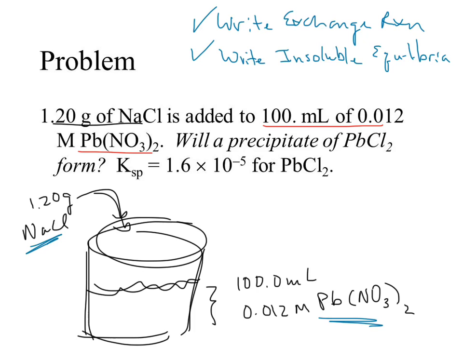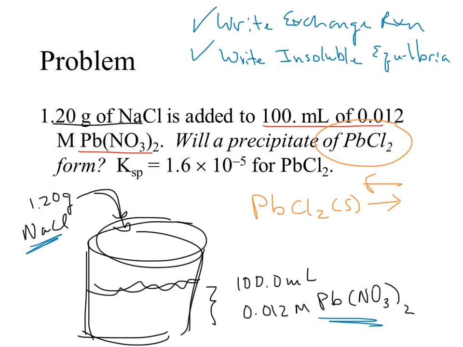Well, here they tell you that of the two possible exchange products, we're going to have sodium nitrate, does that look right? And lead 2 chloride, okay? Lead 2 chloride, sodium nitrate. And they tell you that the lead 2 chloride is the precipitate, PbCl2(s), and you're going to see the equilibrium on the next page.